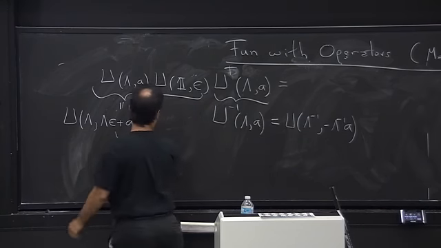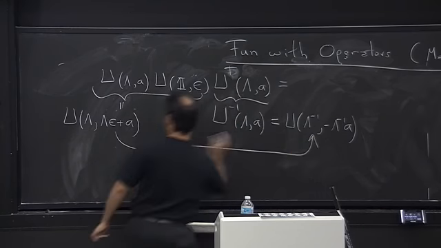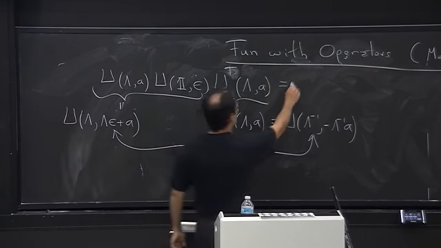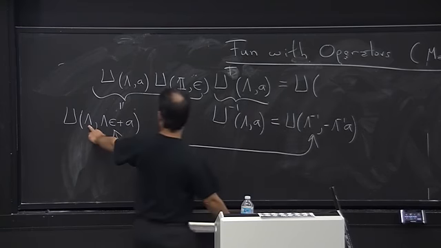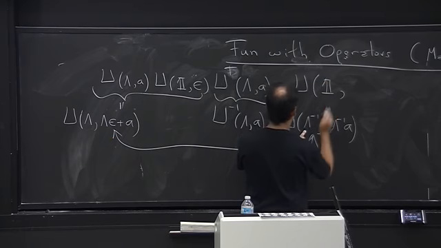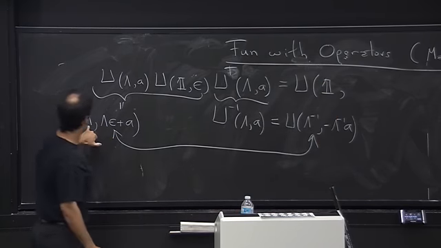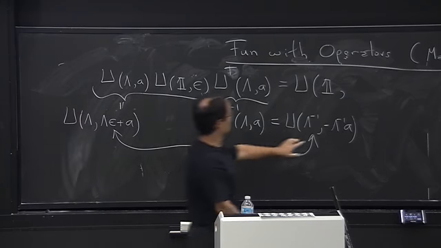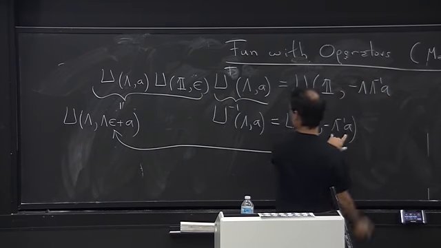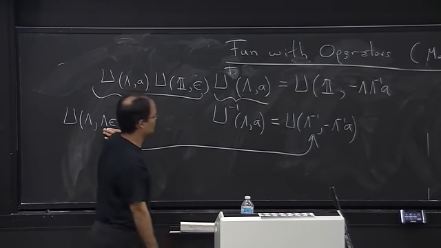Okay, now it's the turn of this guy and this guy to go together and give us something. So when we compose, we get this guy composed with this guy, give us the identity back. Okay? Now this guy is supposed to act on this guy, and we're supposed to add this to that.